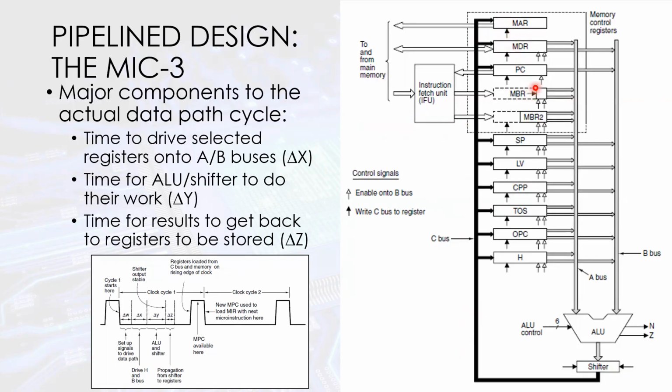Now, this may or may not be how the physical hardware is arranged, but it's just for description purposes. So what we see is there's a few major components to this data path. Remember, the control signals was something else. But as far as the data path, we had that delta X, the delta Y, and the delta Z.